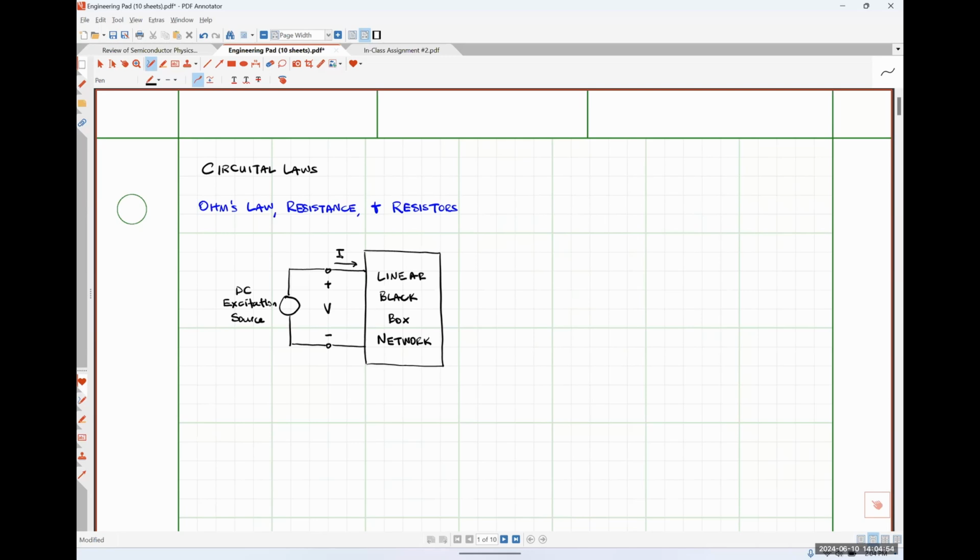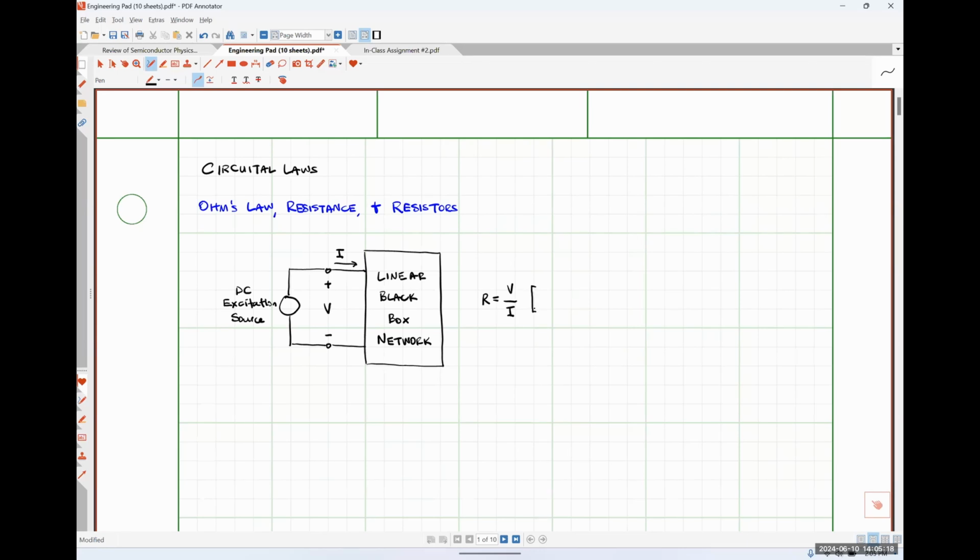And that constant of proportionality is defined as the resistance. So resistance, R, is simply the ratio of the measured voltage drop across a network divided by the amount of current flowing into the network.